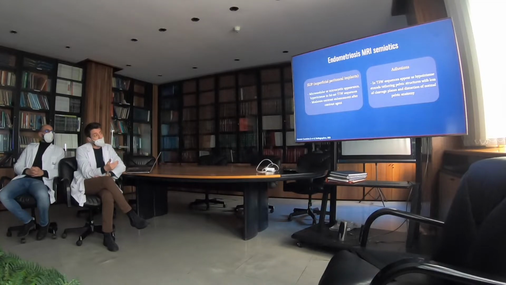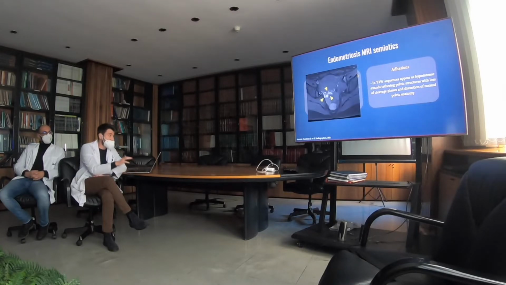For the superficial peritoneal implants, we have a micronodular and microcystic appearance with hyperintensity in fat-sat T1 sequence, and they have a moderate contrast enhancement after contrast agent. Here we can see a case of implants in the Douglas pouch, indicated in this image with the yellow arrowheads.